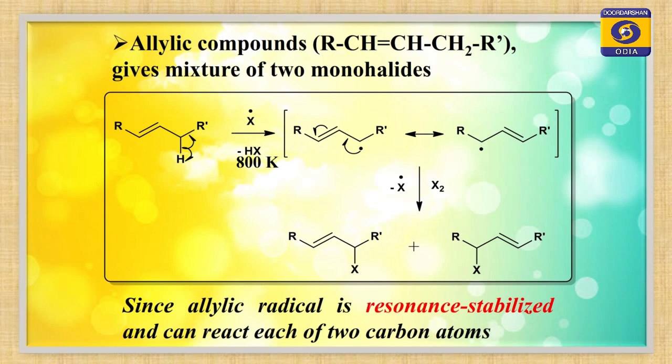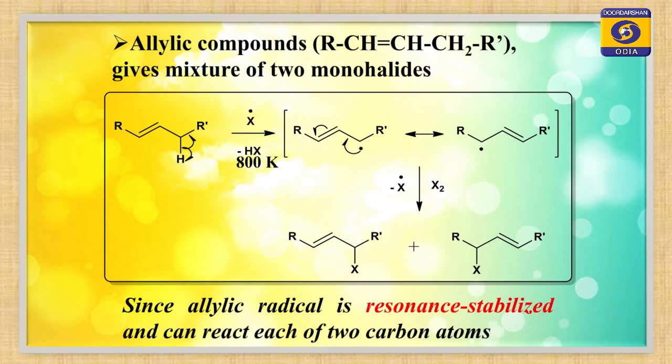So, on the screen you can see there are two resonating structures for which if the X dot free radical attacks, then you get two different types of allylic substituted haloalkane, meaning the halo group will attach to different positions, giving you two different isomeric compounds.